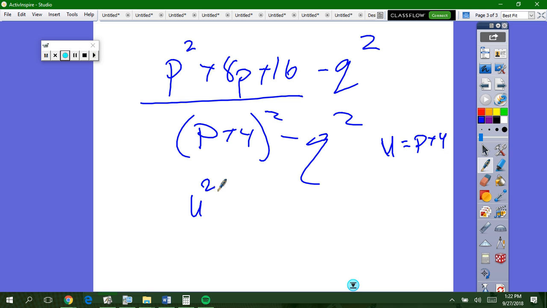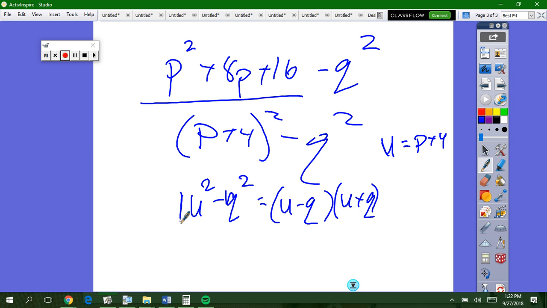Okay, U squared minus Q squared. Now, difference of squares go into conjugate pairs, not the unit squared. So, this is U minus Q and U plus Q. Here's the reasoning. You want me to show you the reason why and not just here it is? Okay, I go 1 times 1, which is -1.